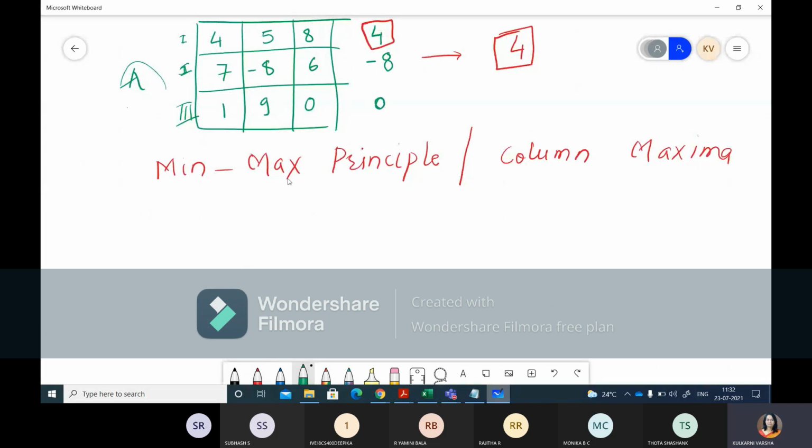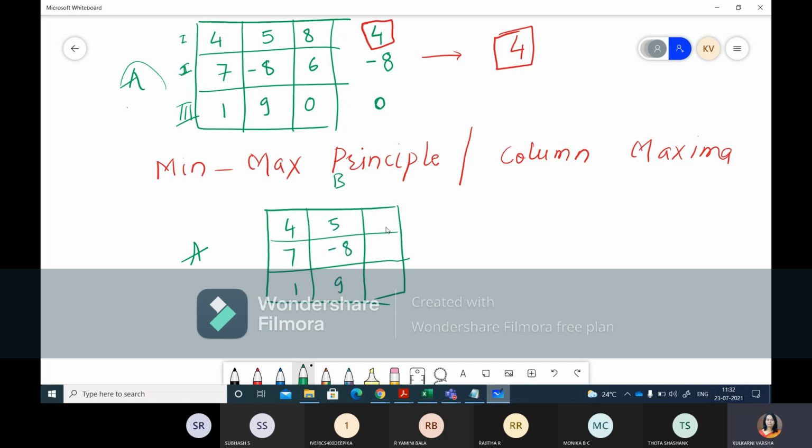So let us draw the same example once again. We have a player A, we have a player B, and we have the values. Now this is column-wise, so we have to write column. First find the maximum from each column, and then find the minimum.